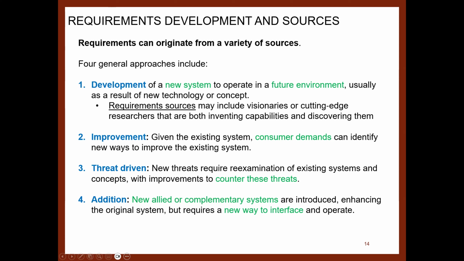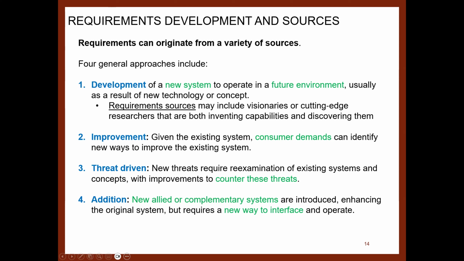In addition, new allied or complementary systems are introduced, enhancing the original system, but requiring a new way to interface and operate. So if you're familiar with, for example, digital twins, the Industry 4.0, this is a new type of vision for conducting manufacturing in which you are keeping your real system, but you're building a digital twin.